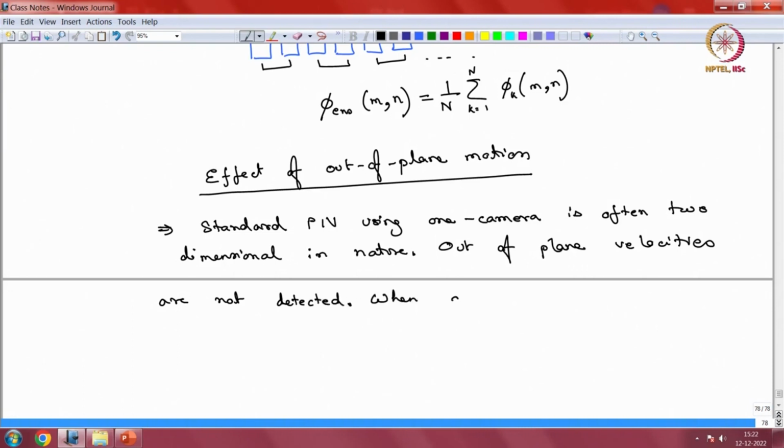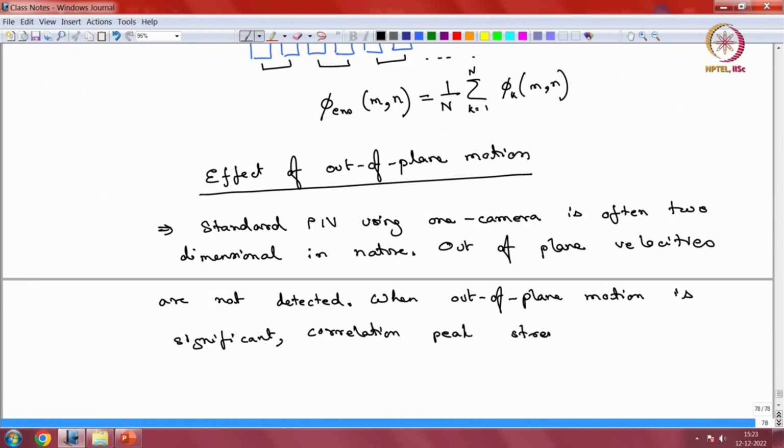And when out-of-plane motion is significant, correlation peak strength diminishes. Right? And as a result, the possibility of valid peak detection reduces.